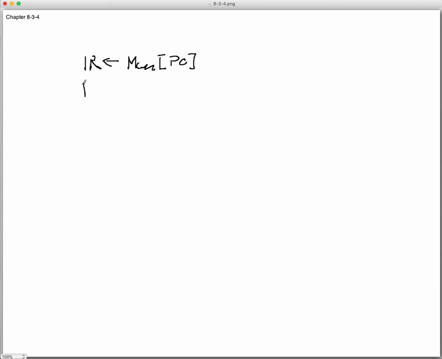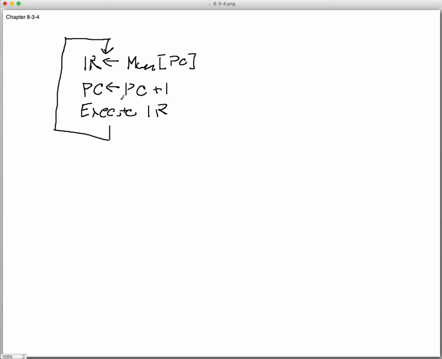And then we said that the PC gets PC plus 1. And we said, then we execute the instruction register. And then we said we just go and we repeat this all over again. And that this was the basic execution of a working computer.